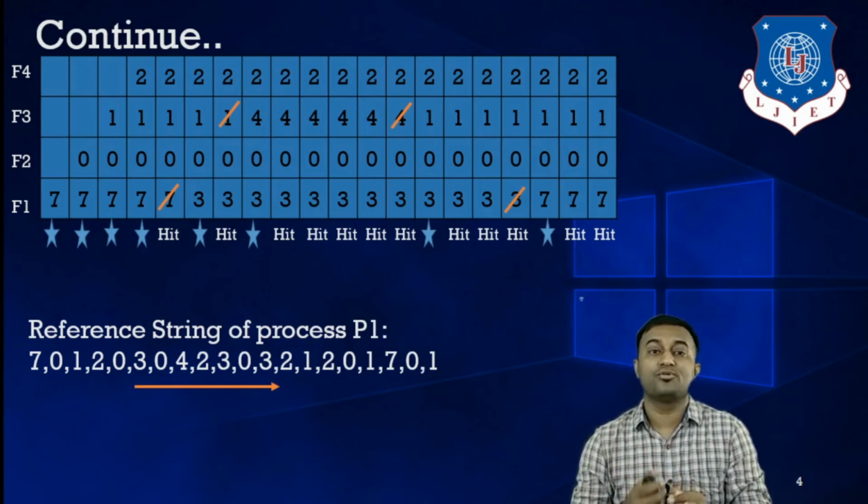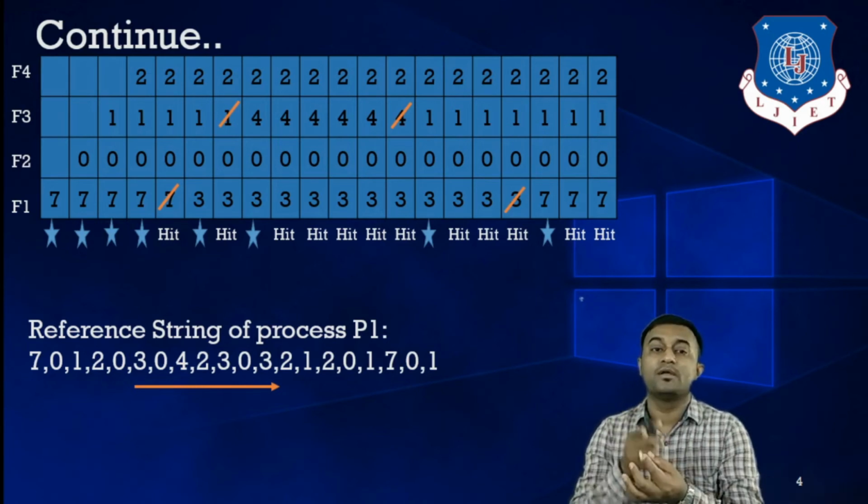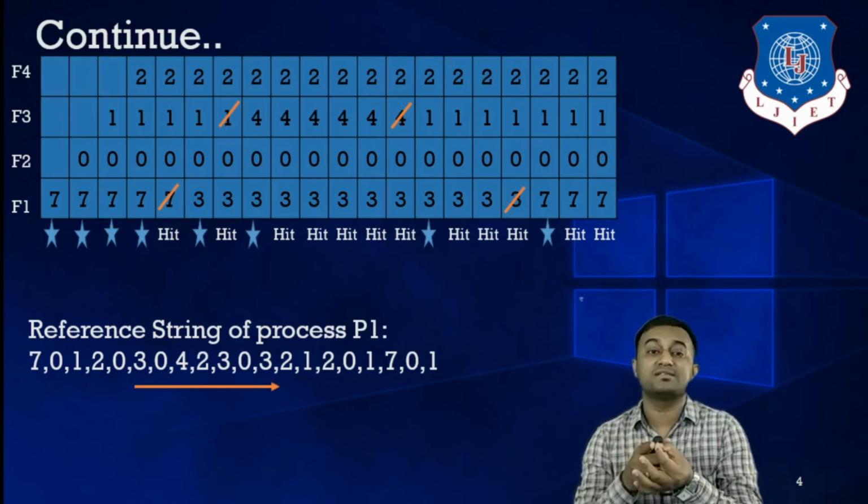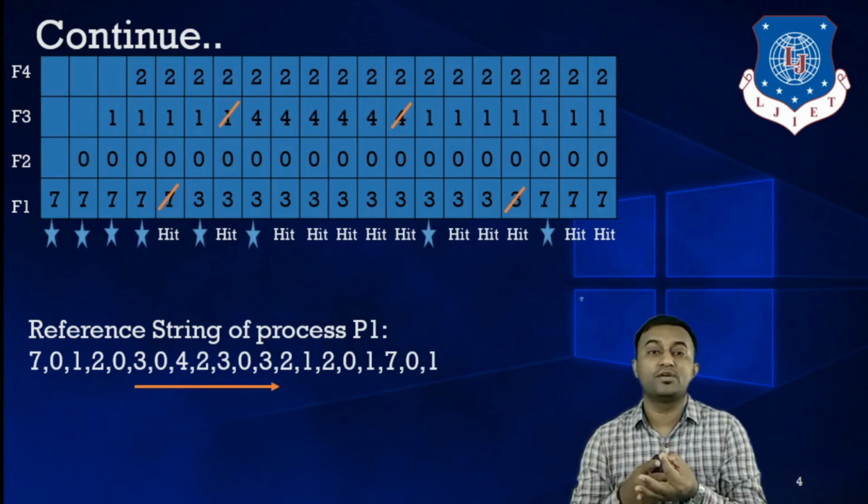Yes. So again we need to start the journey from page number 4 in the reference string towards the right hand side. So we need to check 2 is available in a near position. Then page number 0 is available in a near position.